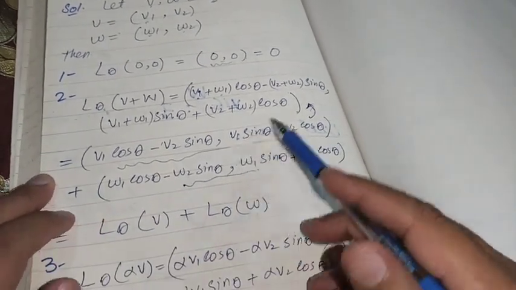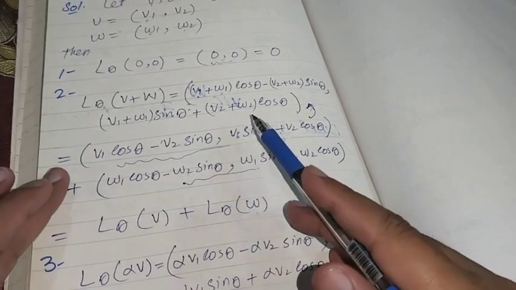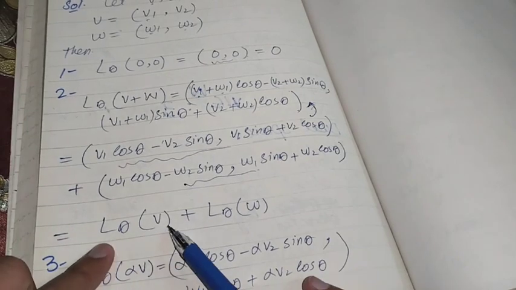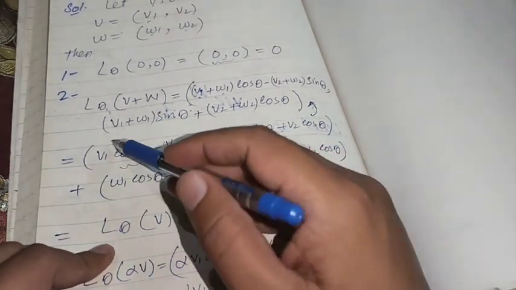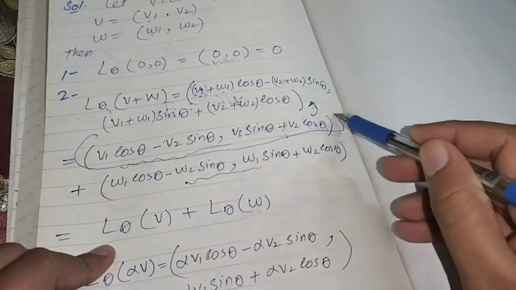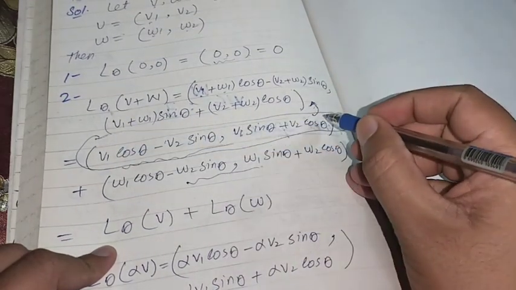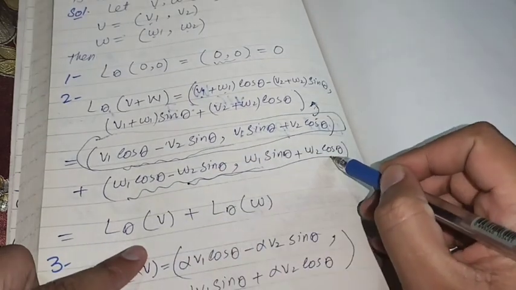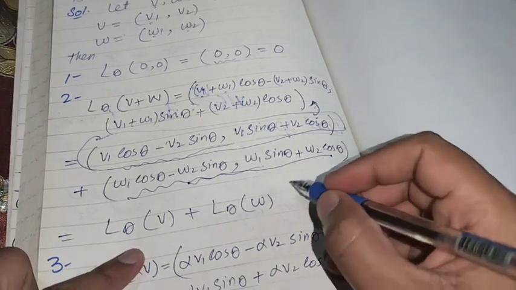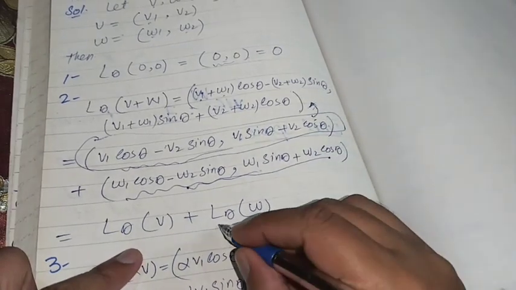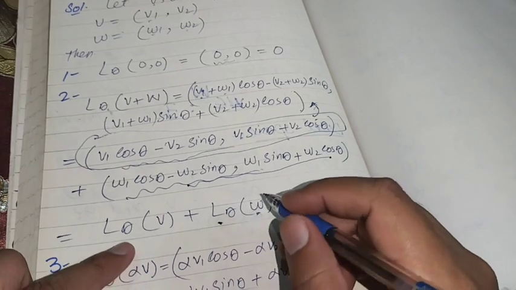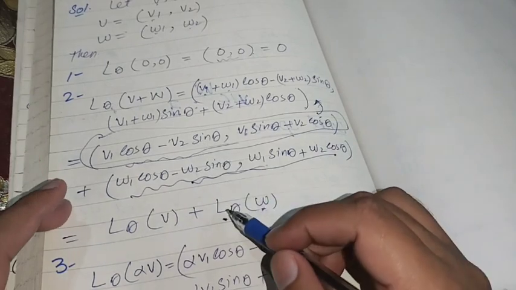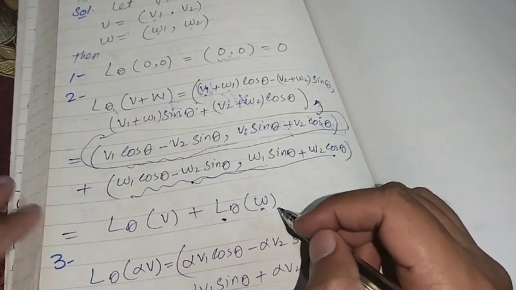So when we separate the v vector and w vector, we will obtain L of v plus L of w, because this is the linear operator applied to the vector v, and this is the output of the mapping when we apply the operator L on w. So we easily prove that our second condition of the linear operator holds.